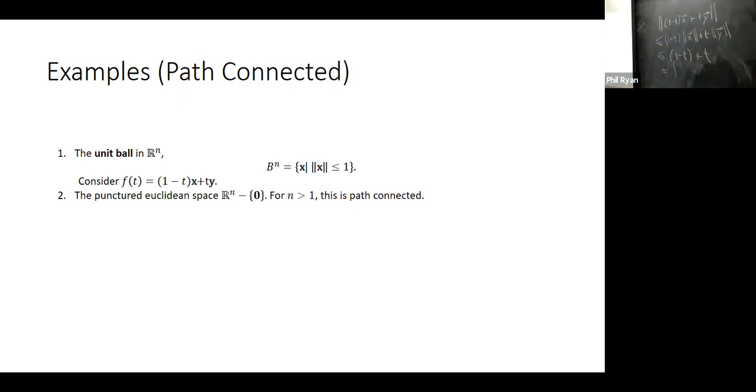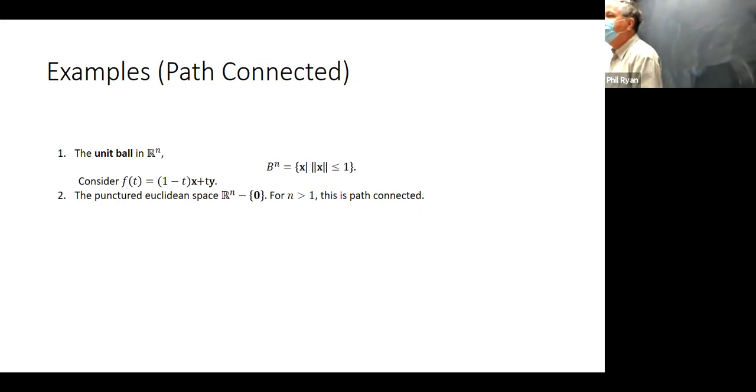Okay, the punctured Euclidean space. By that, I mean we take Rn and we just remove the origin. That is path connected for n greater than 1.